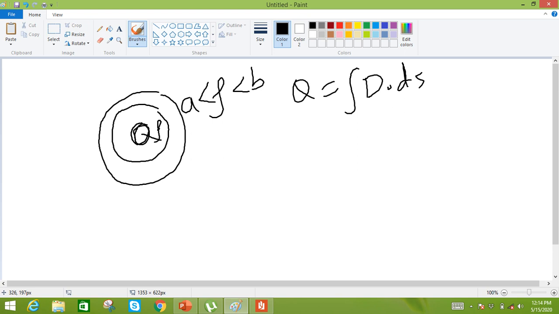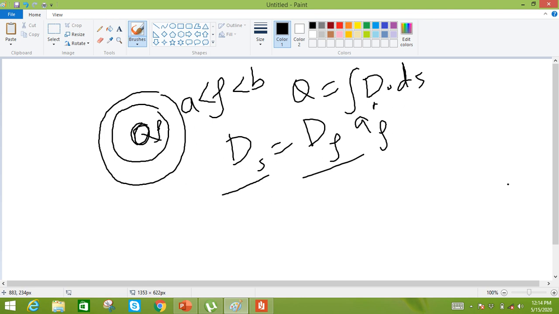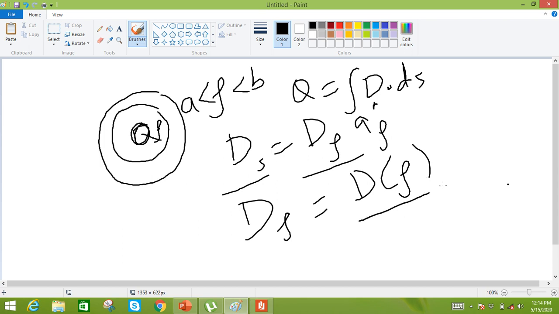What does it mean? It means that dS will be equal to d rho a rho. The electric flux density has a rho component only, and that component will be a function of rho. It means that if we move along the rho axis, the electric flux density will change.